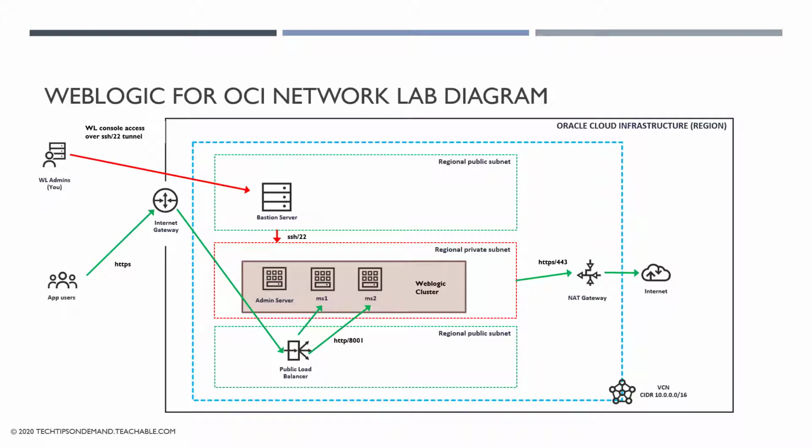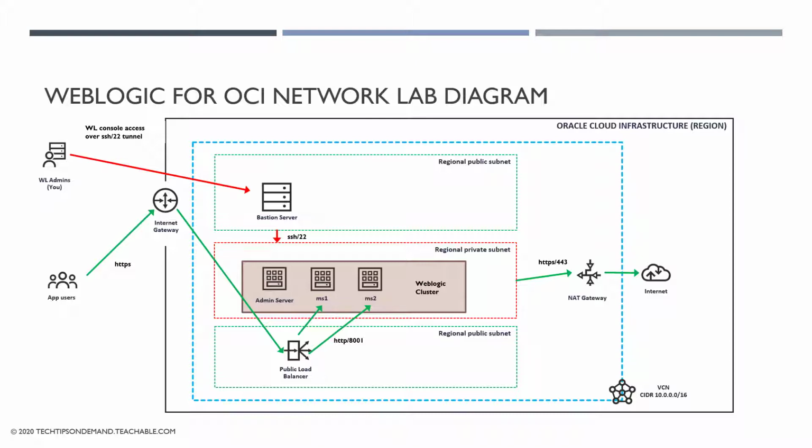And then since this WebLogic cluster is deployed to a private subnet, we need a way of accessing and administering our WebLogic domain from the internet. So that's where we're going to deploy our Bastion server. We'll have a Bastion server in our public subnet that will have a public IP, and you will access that Bastion server from the internet using an SSH key that you provide.